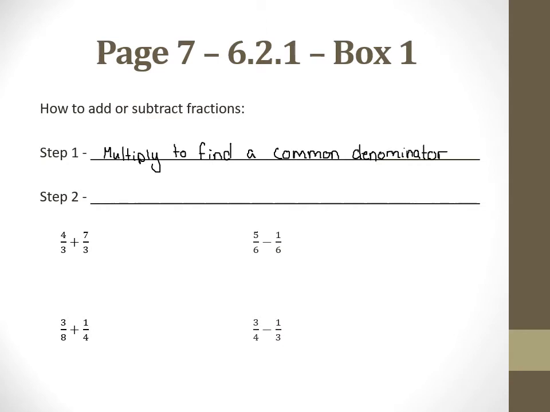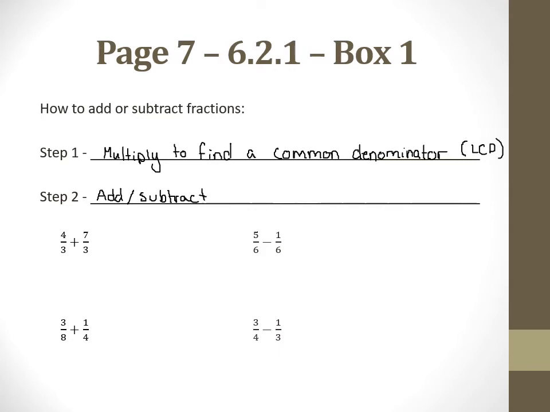So we're going to multiply to find a common denominator, that is sometimes abbreviated LCD for least common denominator. And then step two is going to be to add or subtract just the numerators.